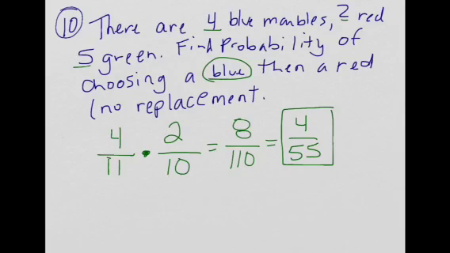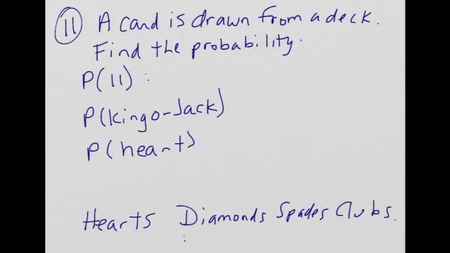We also need to change it to a decimal, so 4 divided by 55 is going to be 0.072. So we're going to go ahead and move that 2 places to the right. And since it's a repeating decimal, we're going to round to the nearest tenth. So it'd be 7.3% is my probability.